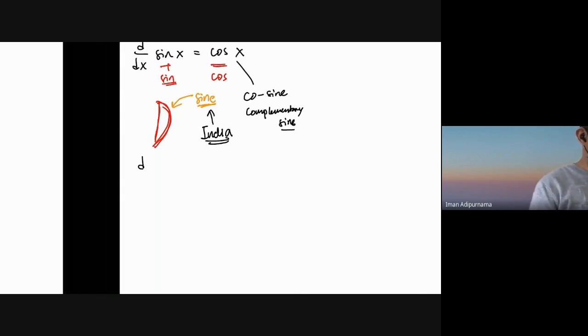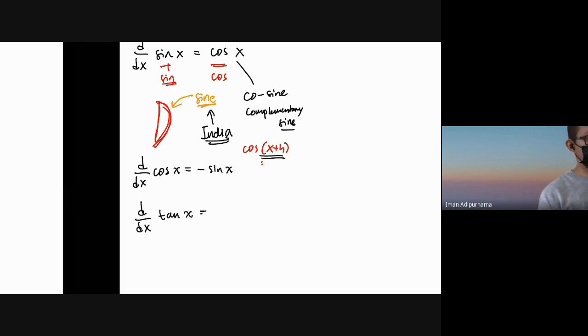Okay, so for the cosine, you can use the limit definition if you want more. And remember if you have cos x plus h, the result will be minus sine x, right? Because it has a minus inside the cos x plus h. And then you also have another important one, the tangent. Do you remember it is secant squared x?